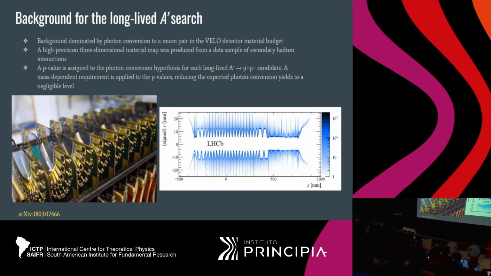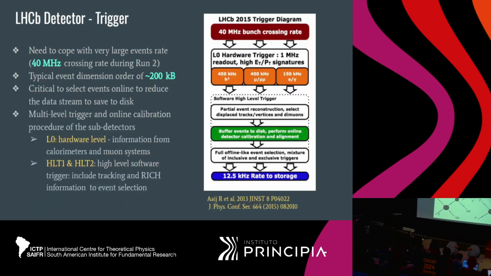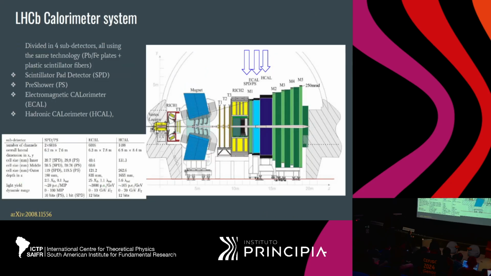Can you explain a little bit more the image we are seeing, because I am confused about the detector? This one? Yeah. Okay, so this is a photograph of the inner part of the detector, the most inner part of the tracking system, which is basically surrounding the interaction point.